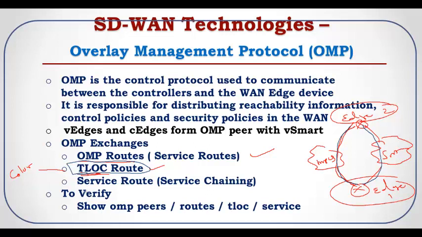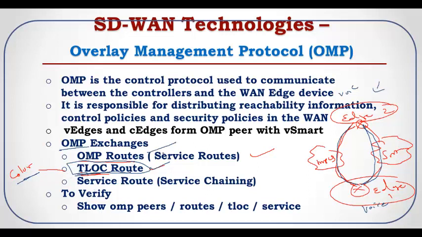So the elected path, these are the information the TLOC route advertises using OMP. You should go via the MPLS tunnel in order to go to edge 2 if it is voice traffic. If it is data traffic, you need to use the internet to reach the edge device. This is what is called color. This is what is called TLOC routes.